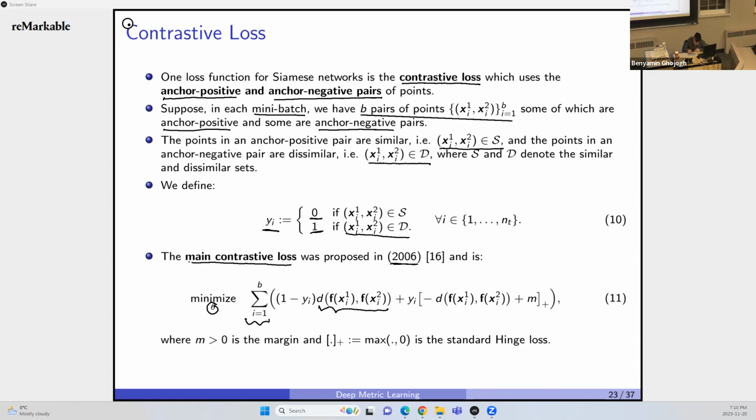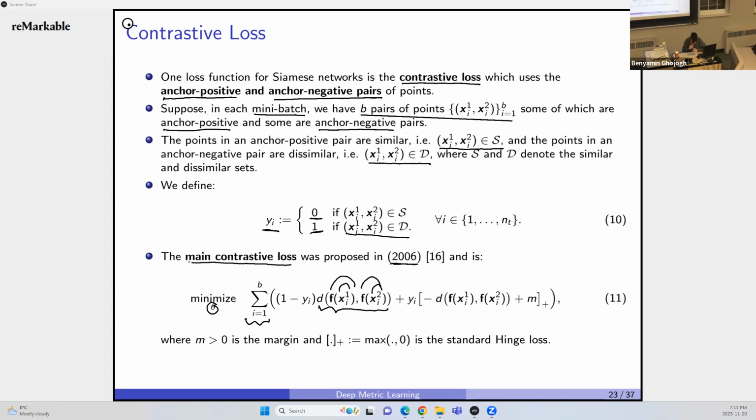What do I mean? Feed x_i1 to the network, it gives you f(x_i1) as output in the embedding. Feed x_i2 to the network, it gives you f(x_i2), right? And in the embedding or output layer of the neural network, you take the distance between them. It can be Euclidean distance or squared Euclidean distance or any kind of distance that you use.